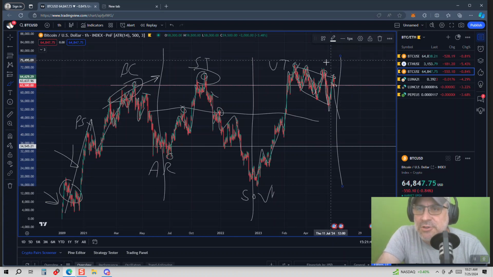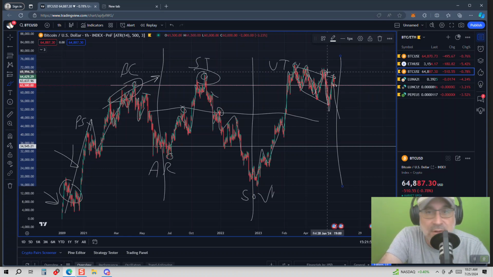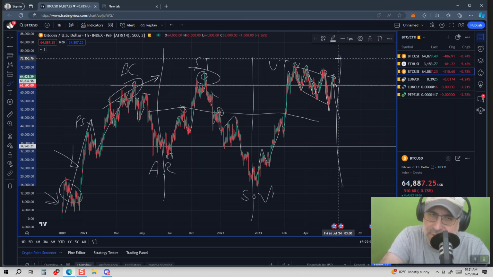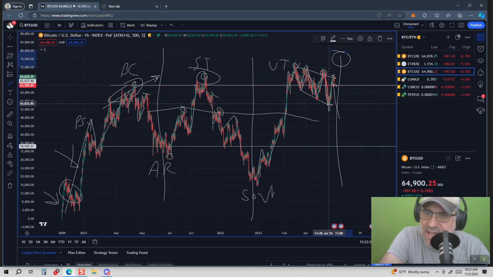So usually right at the end of this cycle, before the big sell-off, they have one final hurrah, and then comes the bleed out. And so that could very well happen on this one as well, especially with the impending election. If Trump were to get in, they've been talking about a lot of pro-crypto stance. So if Trump gets elected, I imagine that the market makers are going to use that bit of news as a grand catalyst to pump the price to get that final UTAD.